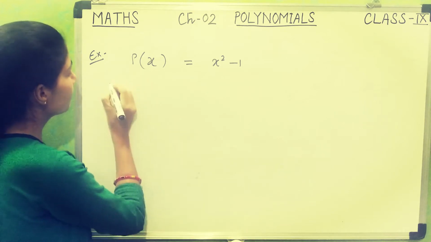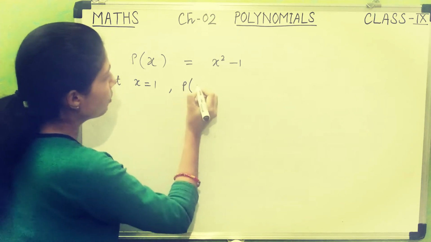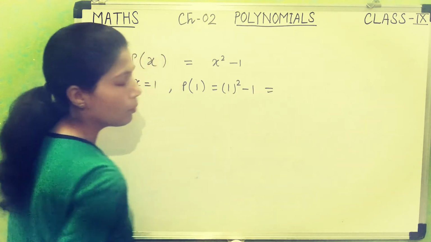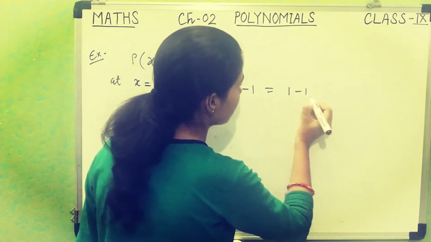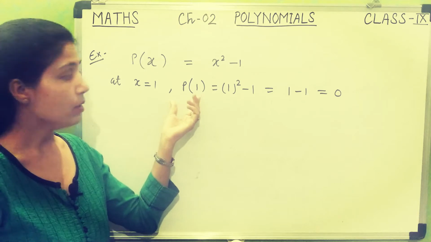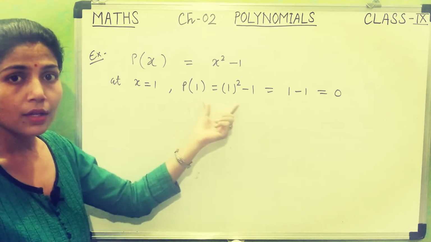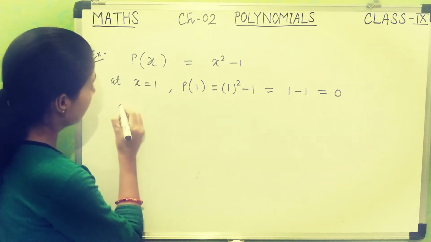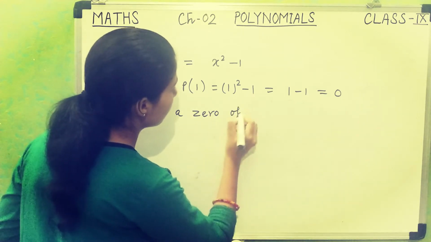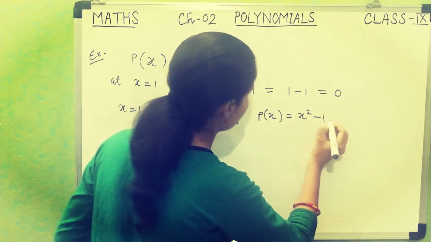At x equals 1, the value of the polynomial is the square of 1 minus 1, and the square of 1 is always 1, so 1 minus 1 equals 0. So x equals 1 is a zero of the polynomial P(x), x square minus 1.